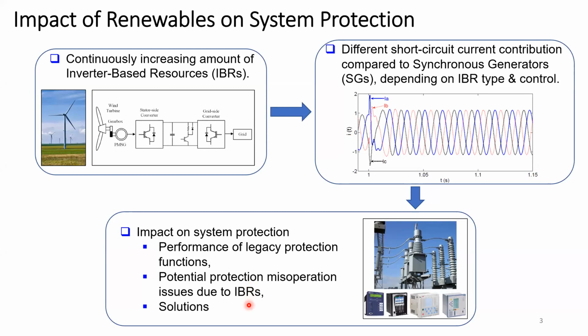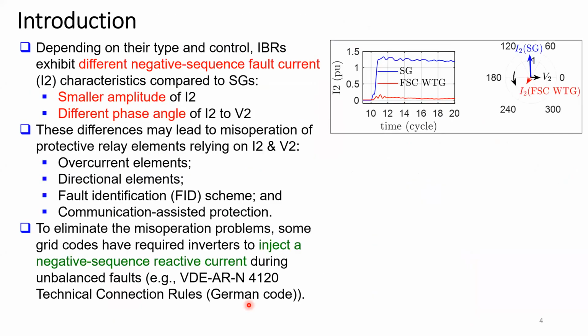The focus of this paper is specifically on the performance of protection elements based on negative sequence quantities. So why are these protection functions prone to malfunction under IBRs? The reason is that depending on the type and control, an IBR may exhibit a substantially different negative sequence fault current, I2, characteristic compared to a conventional synchronous generator.